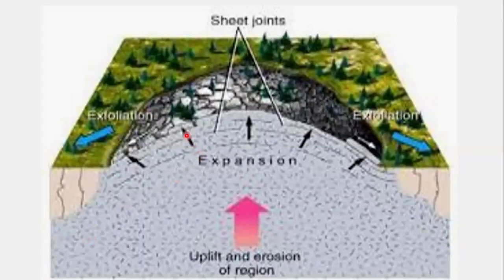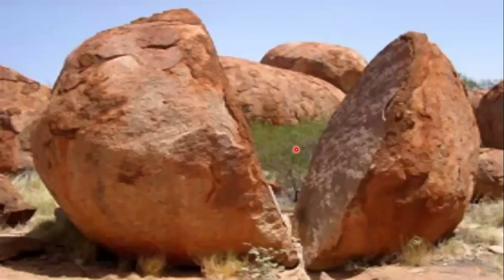Continuous expansion and contraction of the rock makes the rock weak and cracks develop on the surface of the rocks in due course. Gradually, these cracks become wider and ultimately the rock splits into blocks and fragments.